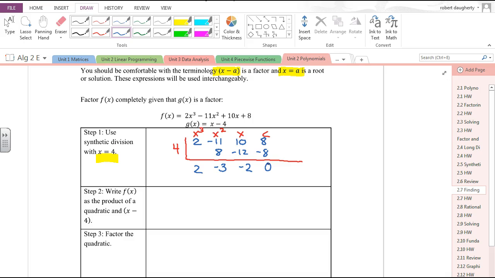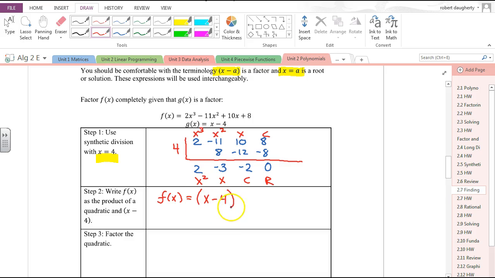So now let's write, so this corresponds to my, what term is this? This is my x squared, that's my x, that's my constant, and that's my remainder. So f of x, what are its factors now? x minus 4, that's one factor.